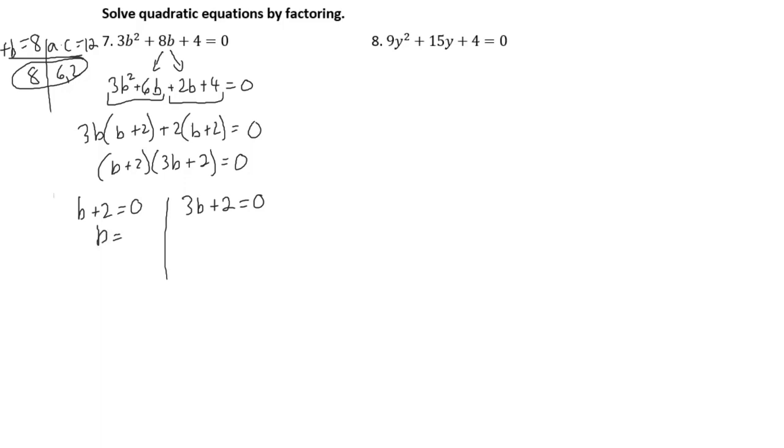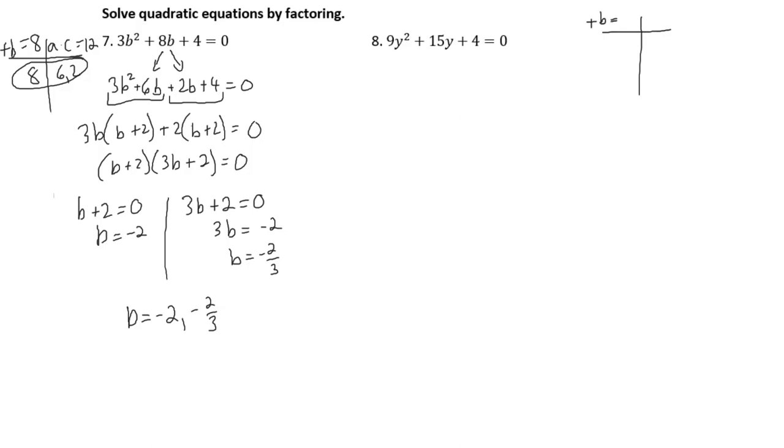And that will give me b equals -2, 3b equals -2, and b equaling -2/3. So our solution is b equals -2 and -2/3.